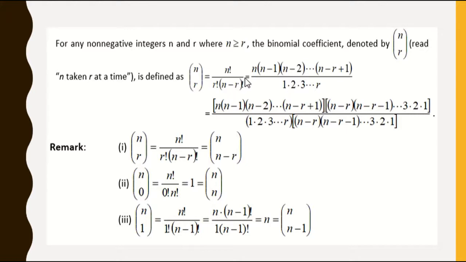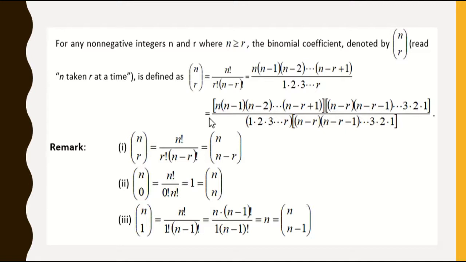So that is equal to n times n minus 1 times n minus 2 up to n minus r plus 1. So that is your n factorial over 1 times 2 times 3 up to r.